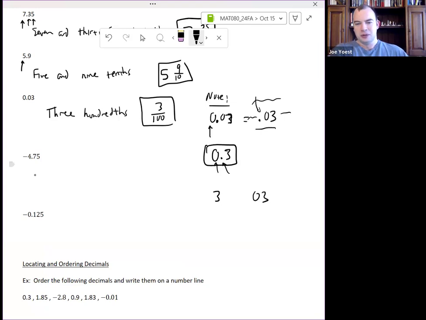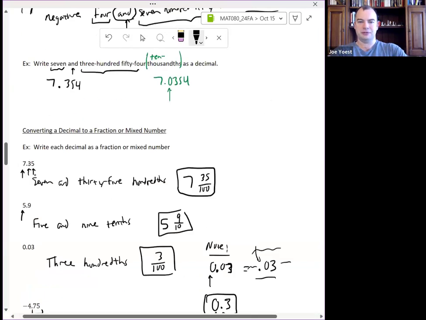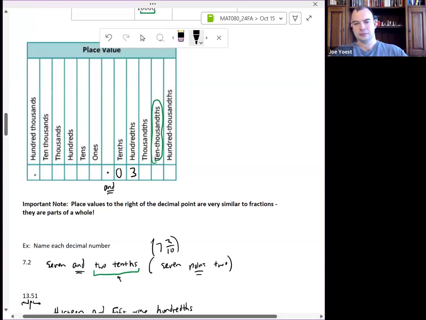So what about a number like negative 4.75? Or this is negative 4, and what about 0.75? We're going to take negative 4.75.